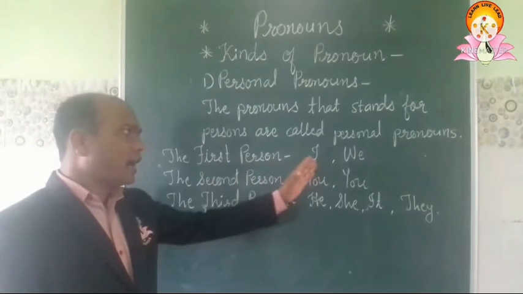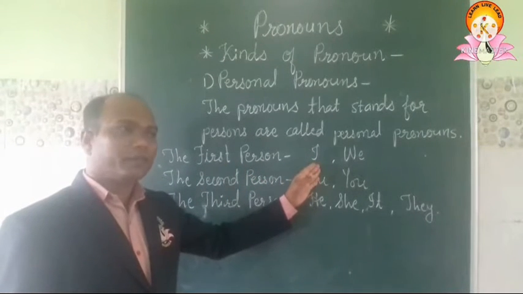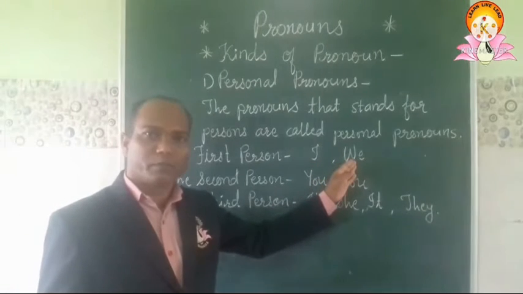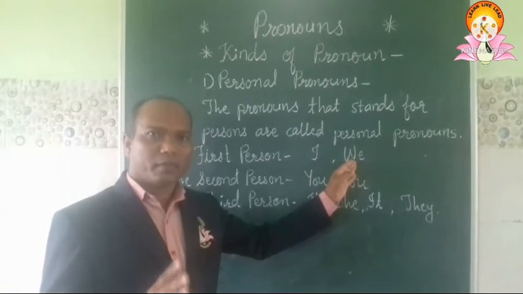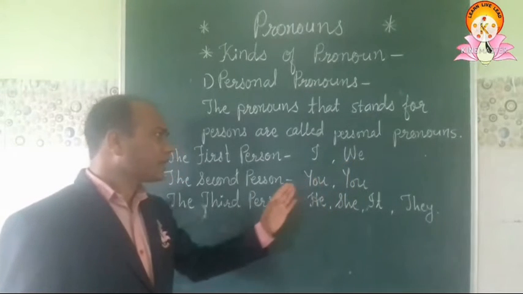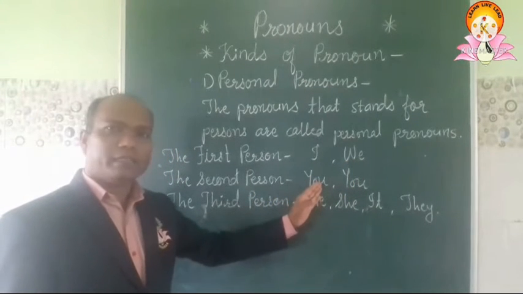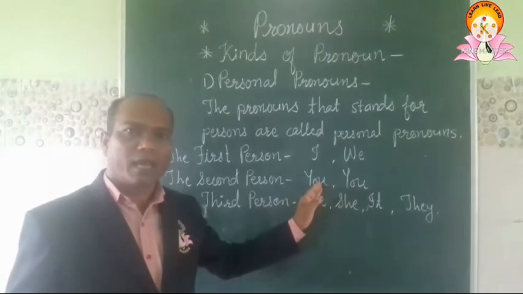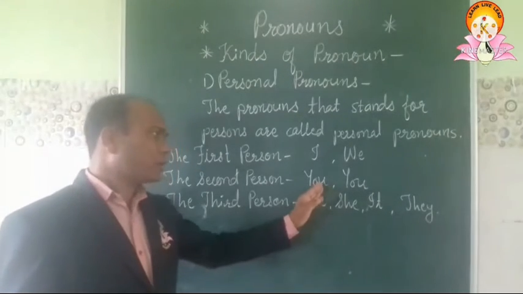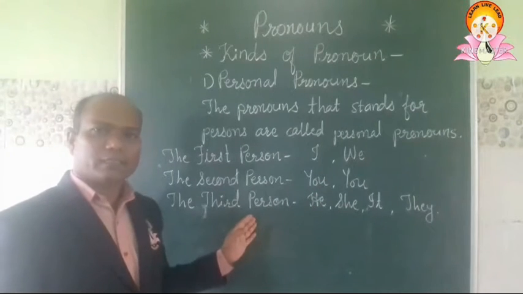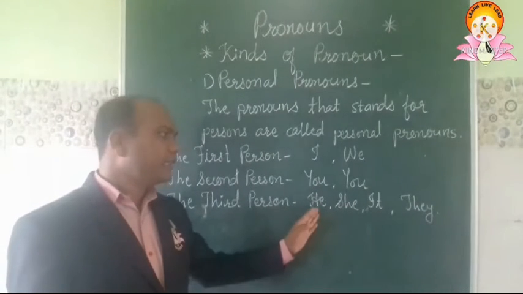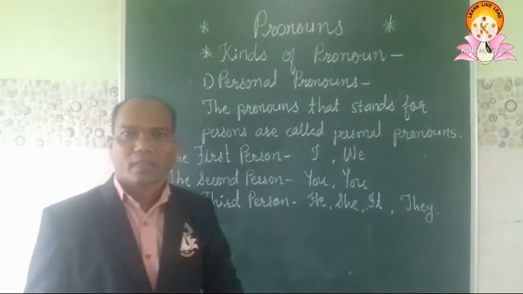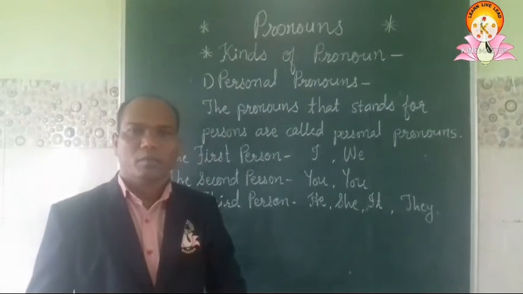Examples here. I is the first person singular pronoun. We is the first person plural pronoun. Next, you is used as a second person singular as well as plural pronoun. The third person singular pronouns are he, she, it, and they is the third person plural pronoun.